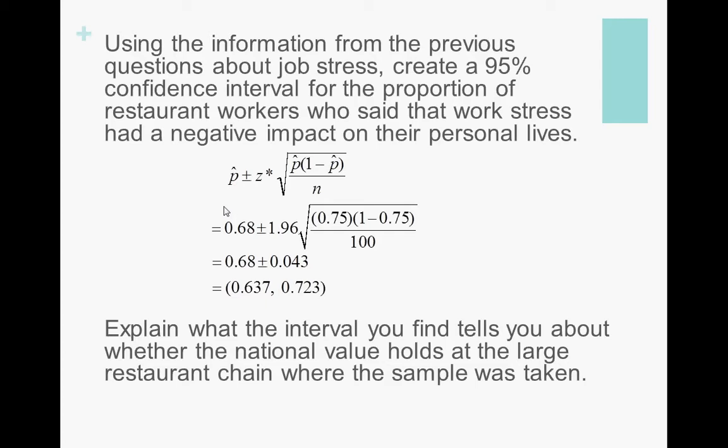Anything outside that, we would say, no, not a lot of evidence that that would be true. So if I'm remembering right, 0.75 was what the national value claimed to be. So that would make us think, no, doesn't seem to hold to the national value. There does not seem to be a match between the national value and the value at this restaurant.